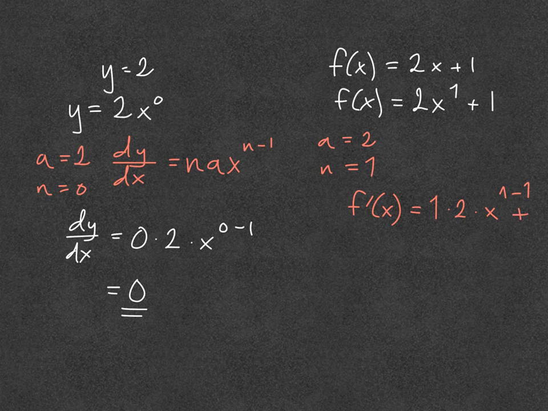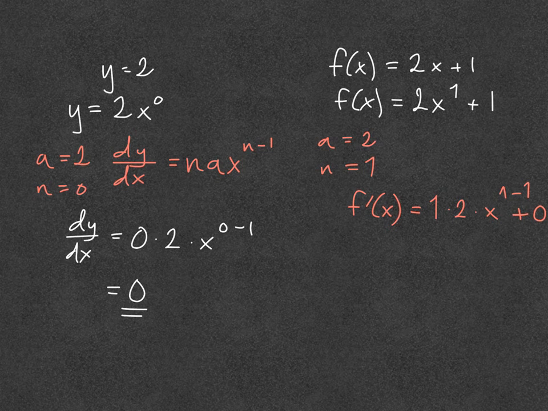And that's the first term. And the second term is a constant. And we saw in the previous example that any constant is going to be 0 when we differentiate it. So we have plus 0 at the end.